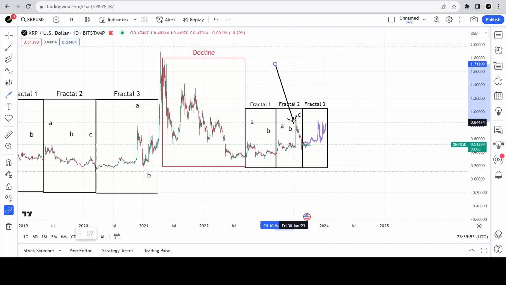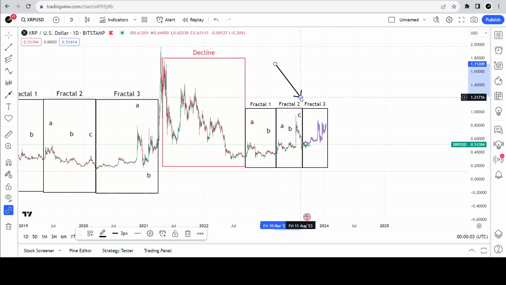I predicted this move up before it happened with the SEC versus Ripple lawsuit ruling. I predicted that it would move back down. So this system has the ability to predict future movements. It does have weaknesses. It can't predict timing very well. It can't predict height or depth because all that is original. Its strength is something that standard TA struggles and can't really do.